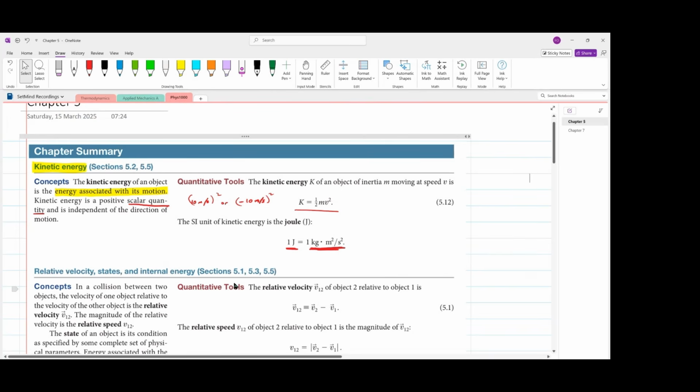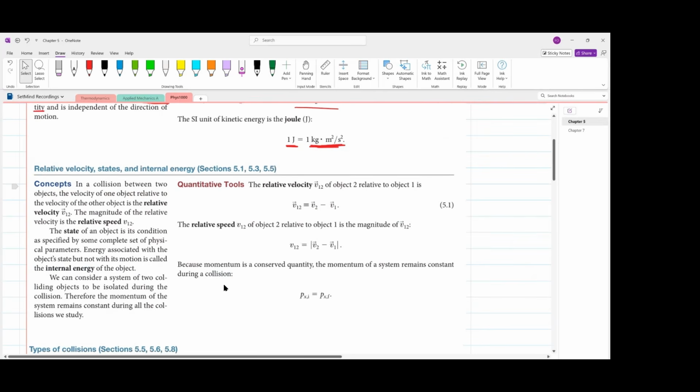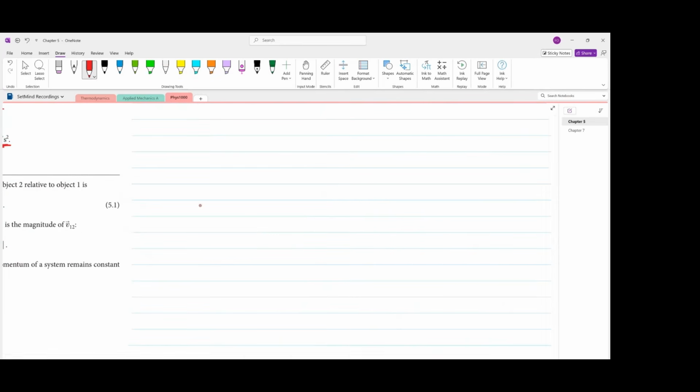Okay, then we have something called relative velocity. Now, this is basically understanding that velocity actually depends on how you are looking at it, right? It depends on perspective. So basically what this means is, let's just say I have a car that is moving in this direction.